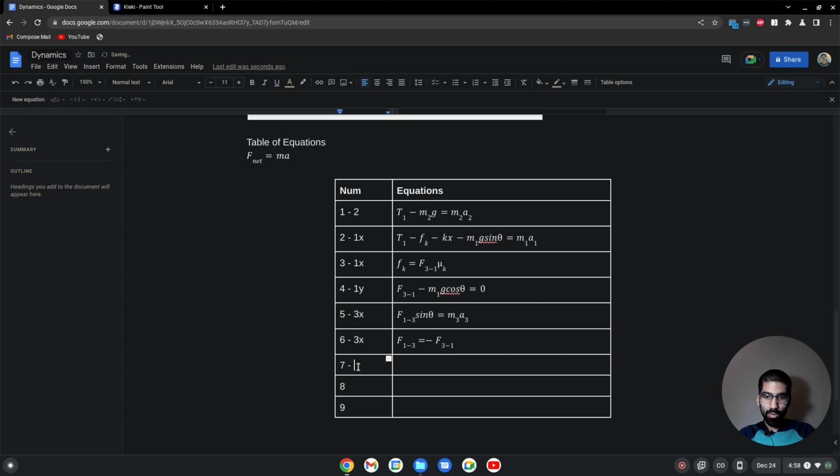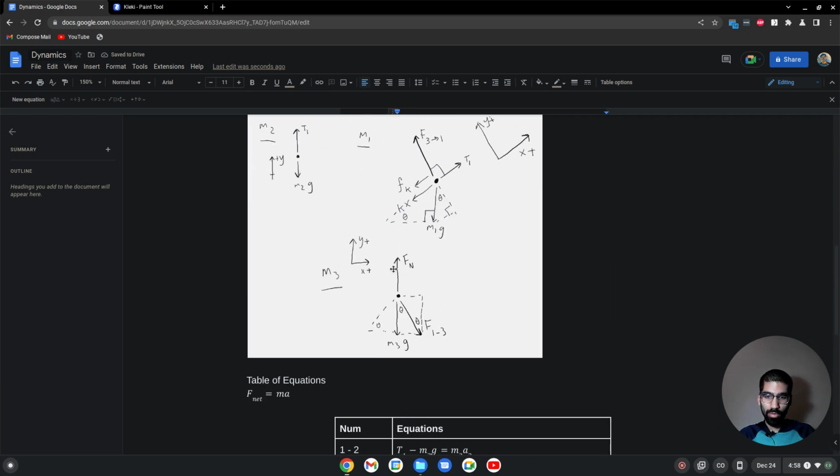Finally, I think we can move on to the last one. So what is it for mass 3? What are the forces in the y direction? Again, the ramp, mass 3, it's not sinking into the ground, it's not floating into midair, it has no motion along that axis.